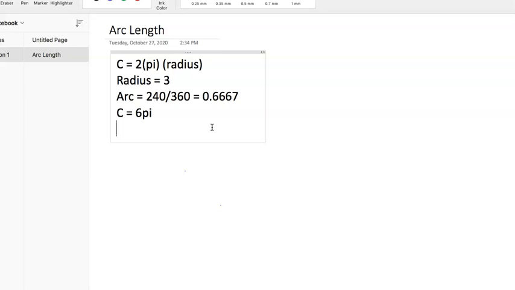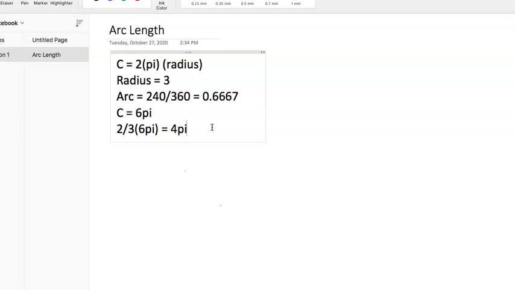Then if we multiply 2/3 times 6 pi, we get 2 times 6 is 12, over 3, which is 4 pi. That's our arc length.